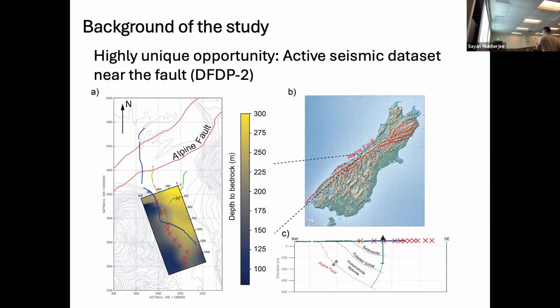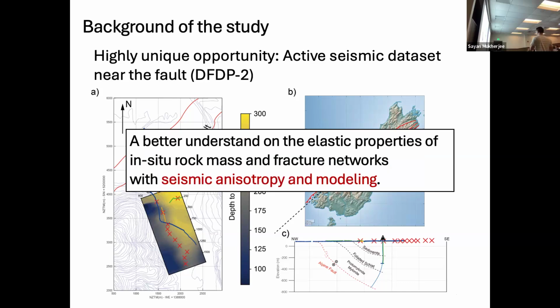Here is a cross section showing what this drilling project looks like. As you can see, the borehole drills through a layer of sediment, and then it gets into the bedrock, which consists of foliated schists, protomylonite and mylonite.